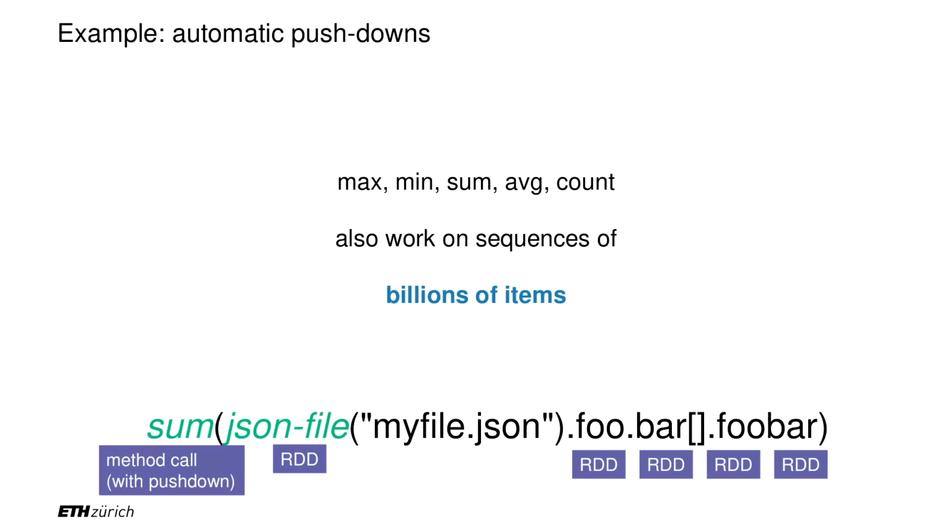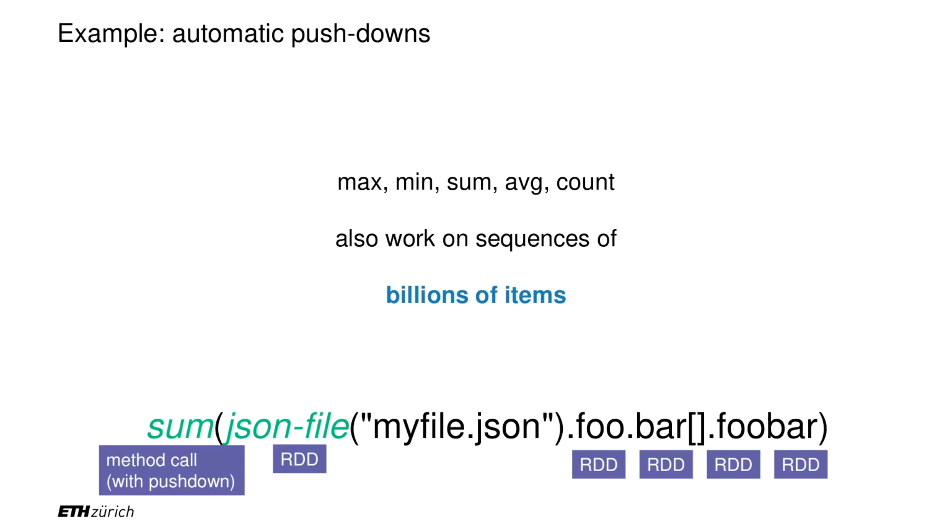And now you see how it's beautiful because look at this query. Super simple, one line. I take a file, I navigate a little bit, open an array, navigate to foobar, and then I compute the sum. Very compact, except that this is also going to work if there's 1 trillion items. This is going to be done on the Spark cluster.